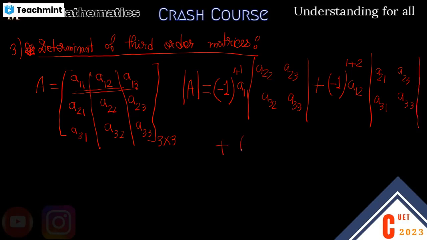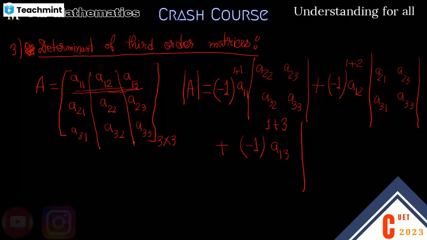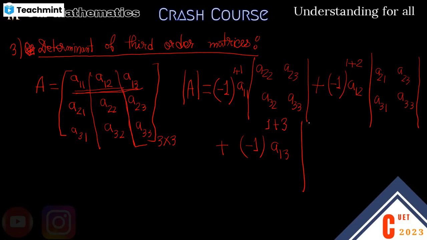next plus আহিব -1 whole to the power, এতিয়া থাকিব a13, right, a13 first row plus third column, okay। then first row third column বাদ পৰিলে কি কি থাকিলে, থাকিলে a21 a22 a31 a32.